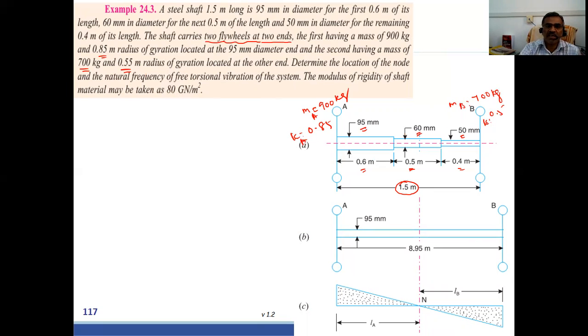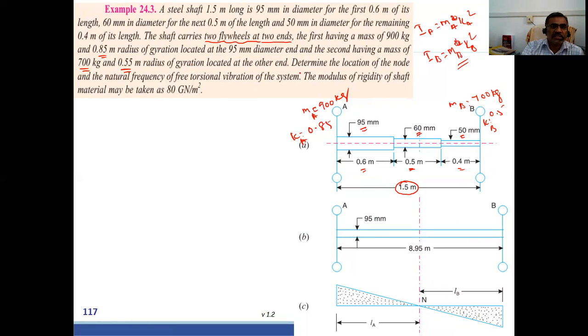If you want to find IA and IB, what do you have to do? IA is equal to MA into KA square. Similarly, IB is equal to MB into KB square, that is, mass into K square. Now you can calculate that.